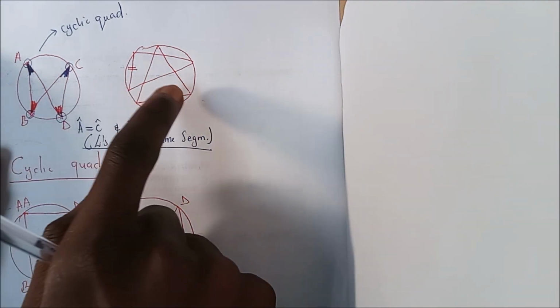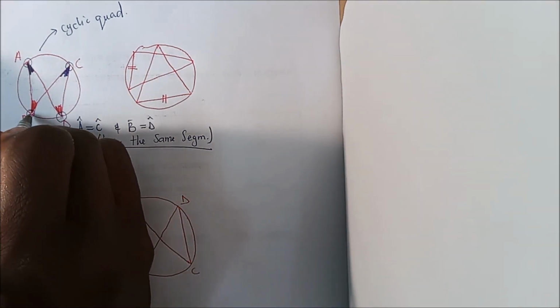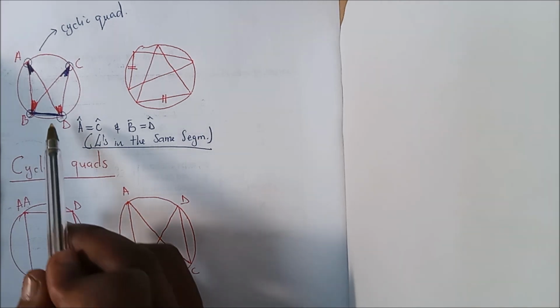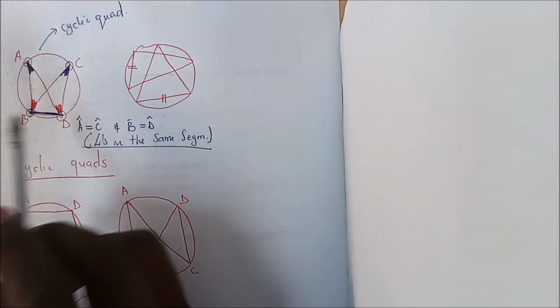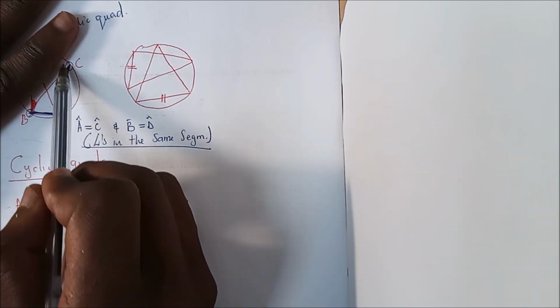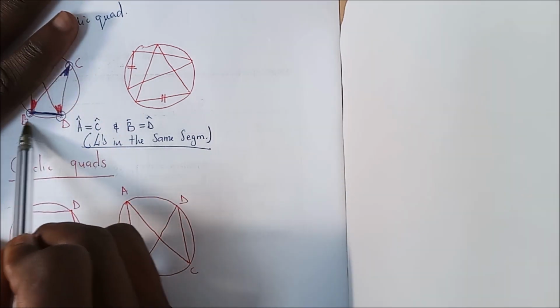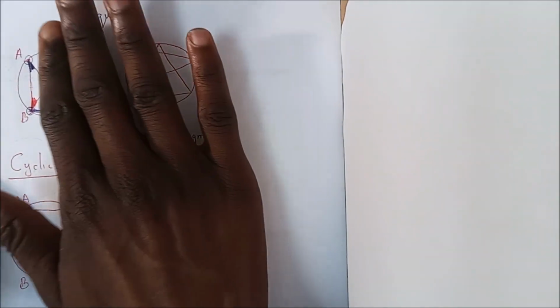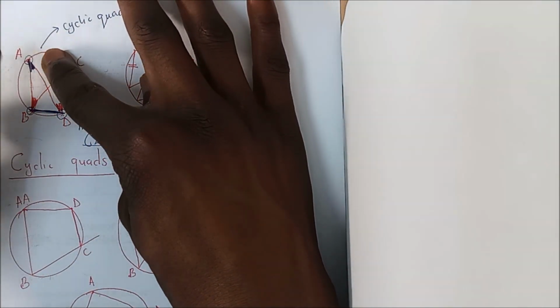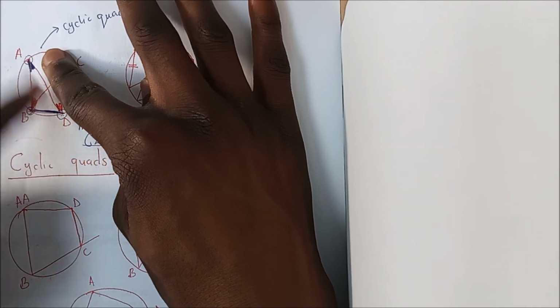The reason I'm putting it next to it, because if you join B and D, are you aware that we have equal chords? Let me hide this one. For this part, we have the same chord which is BD, and if I hide that part, we still have the same chord for that triangle.